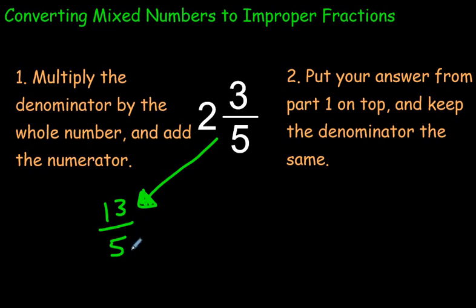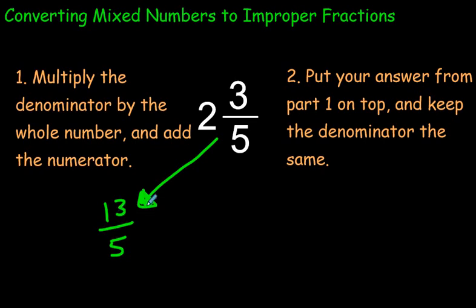If you had to work backwards, if someone said take an improper fraction and change it back into a mixed number, I should mention how to do that. All you do is say, how many times could 5 go into 13? What's the most that 5 could go into 13 without going over? Well, 5 times 2 is 10. That's pretty close. If we said 5 times 3, that would be 15.